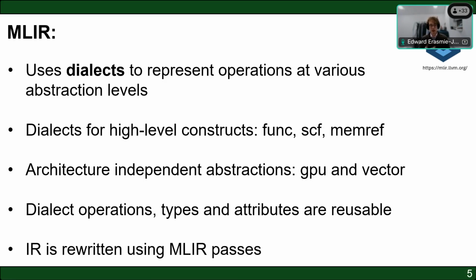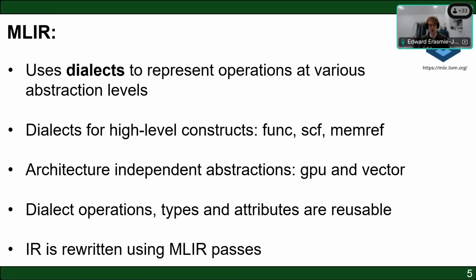But there are also architecture-independent abstractions of specific hardware implementations, like the GPU dialect for vendor-independent GPU operations, and the vector dialect for SIMD implementations, for instance, AVX or SVE for ARM. These dialects have their own operations, types, and attributes, which are entirely reusable across different MLIR dialects. So once you interface with MLIR, everything that's provided upstream is made available to you. You don't have to reinvent the for loop, for instance.